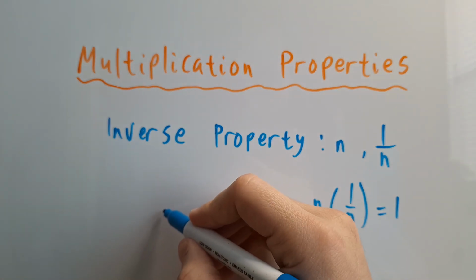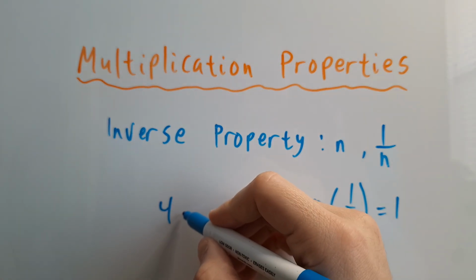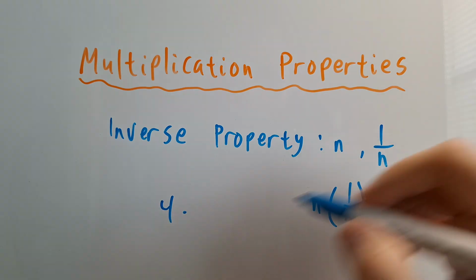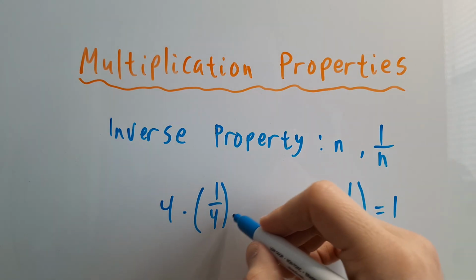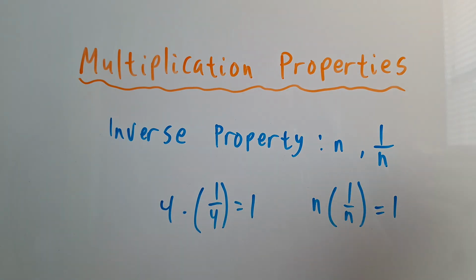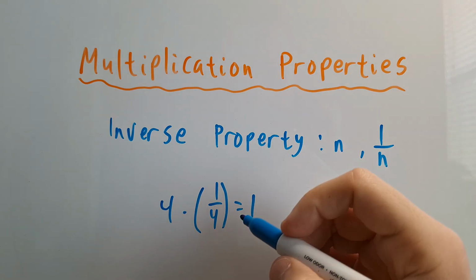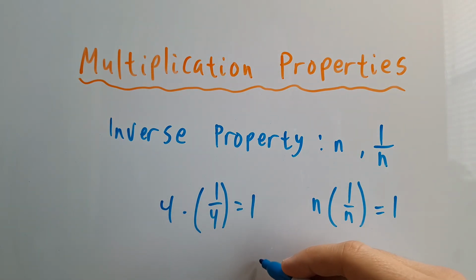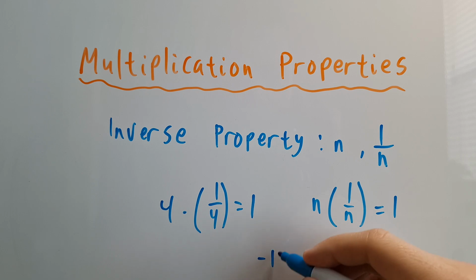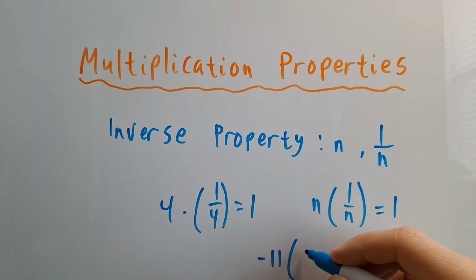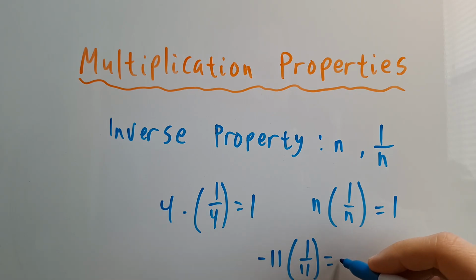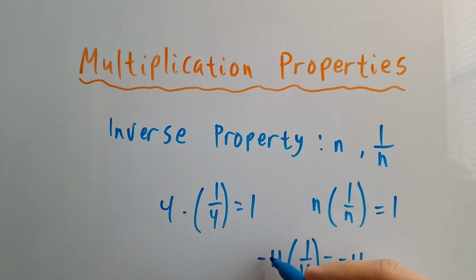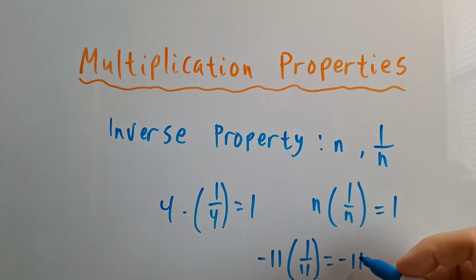If I take the number 4 and I multiplied it by 1 over 4, I would get 1. This also counts for negative numbers as well. Negative 11 times 1 over 11 is equal to negative 11. That's a positive times a negative, so that product is negative.